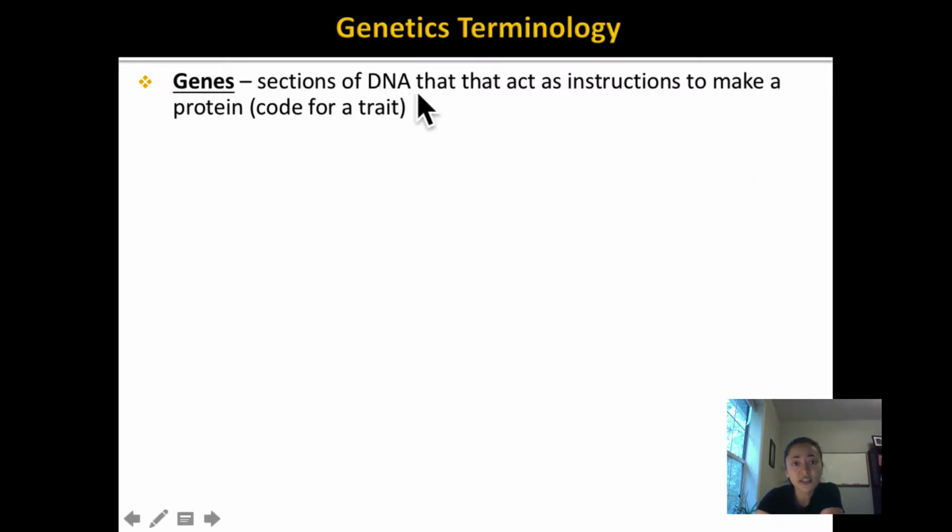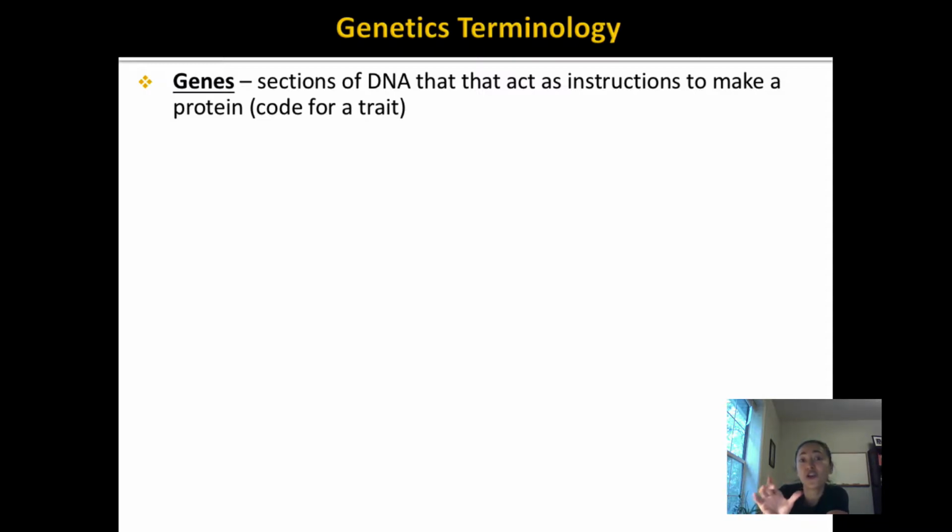So these sections of DNA contain a specific DNA sequence, and that specific DNA sequence tells your body what protein to make. And if your body makes that protein, then that protein will cause you to have a specific physical characteristic, a physical trait. Okay?